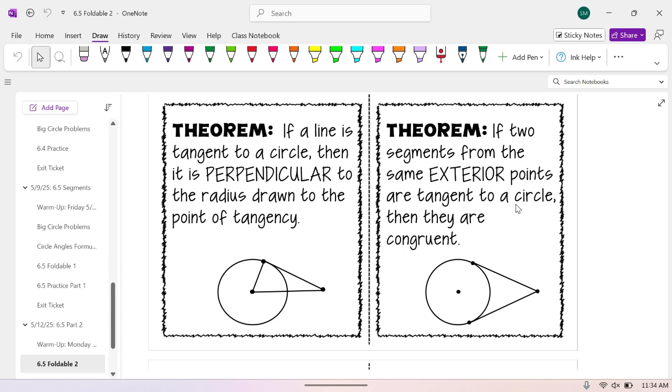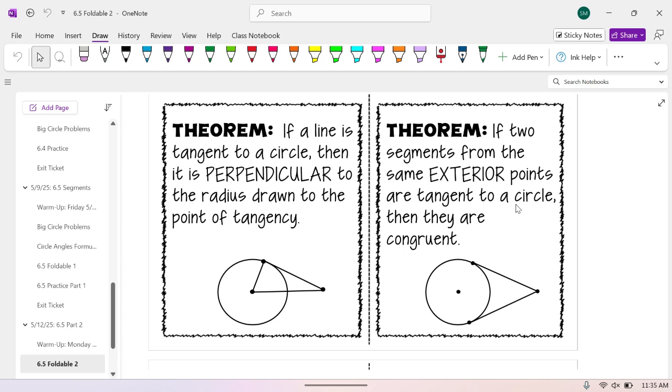If arcs AB and CD are congruent, what's true about the chords? They're also congruent. All right. So if you have two congruent arcs, the chords that they're between are also congruent, and vice versa. If the two chords are congruent, that means their arcs are congruent. All right.